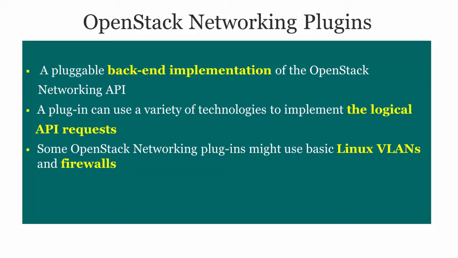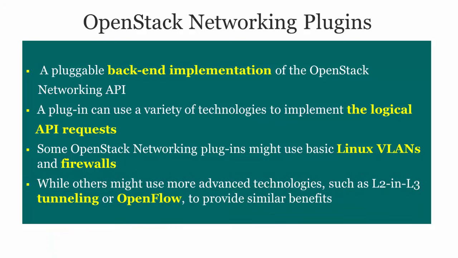And the firewall, also we can use various firewall services. So this kind of plugin, this Linux VLAN or the firewall, we can implement as a Neutron plugin service as well.